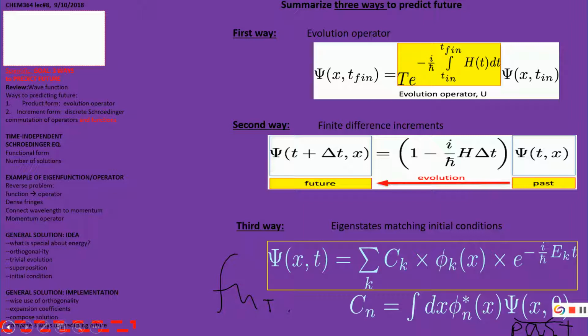They're a set of numbers rather than continuous functions. And they hold signatures, traces of the past, of the initial function. And then when we throw these traces, the signatures of the past, into this equation, we multiply it by this time-dependent factor and obtain the future.